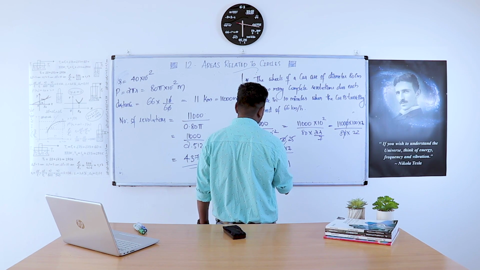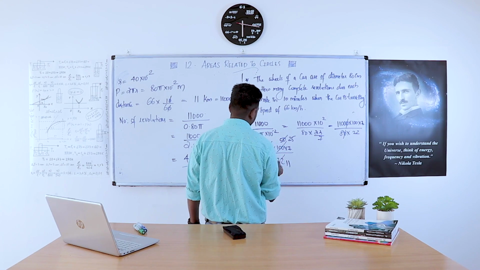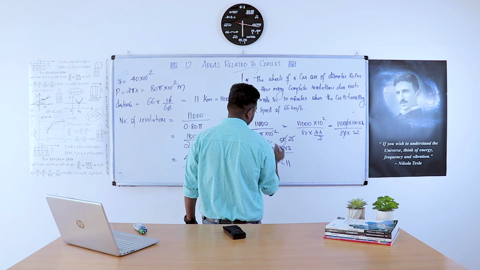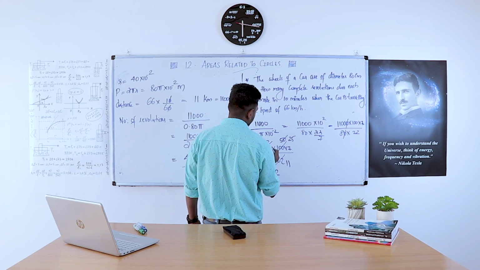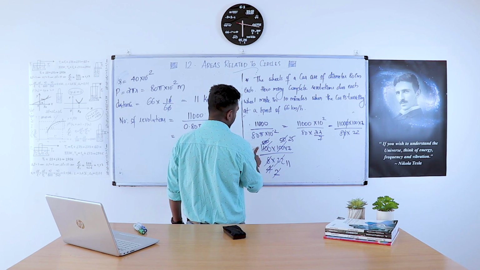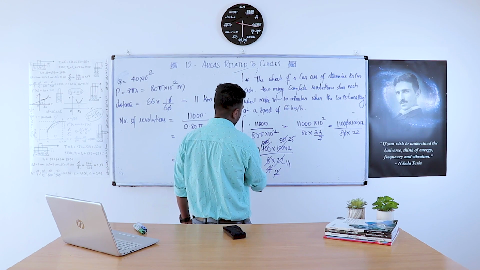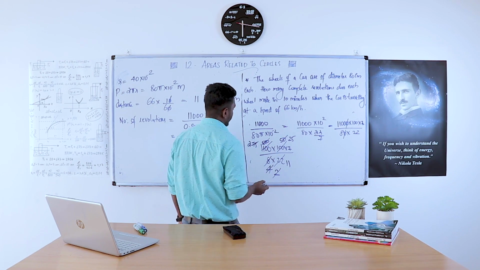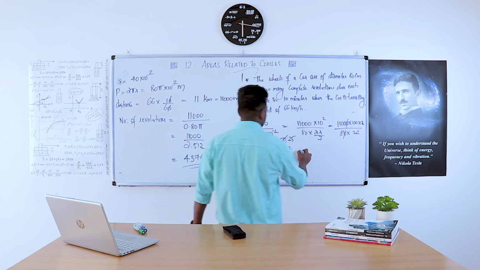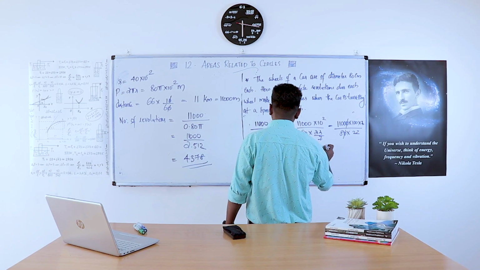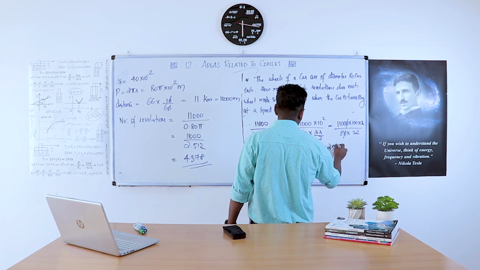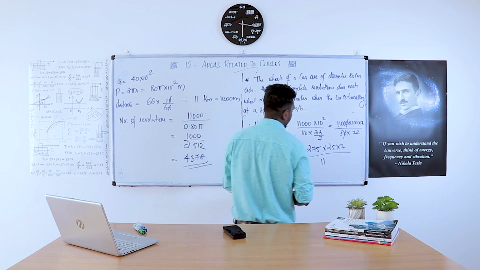Then 1,100 can be cancelled. 550. Again it can be cancelled. So what remains? 550 divided by 2, it is 275. So this is 275 into 25 into 7 divided by only 11.